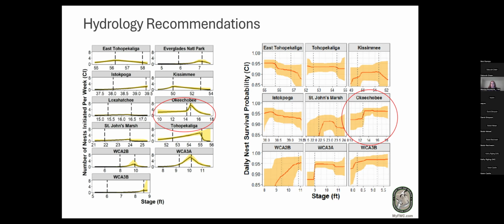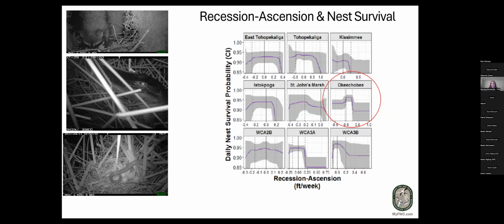zone hydration. Keep that water underneath the nest, like I mentioned earlier, to be able to deter predators from reaching active nest chicks and eggs. And another factor of daily nest survival probability is recession and ascension rates. So how quickly the lake levels are rising and how quickly the lake levels are receding.